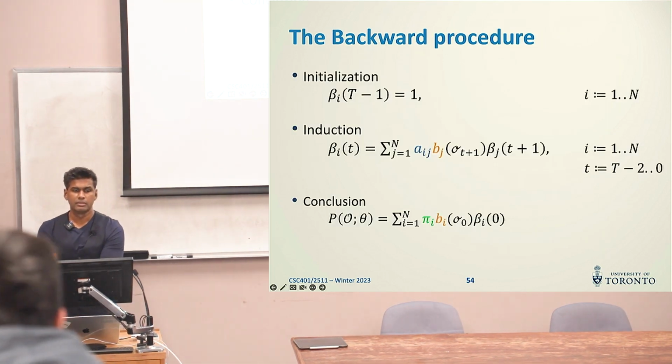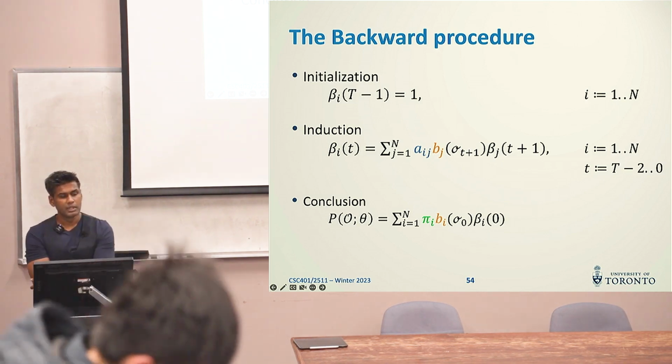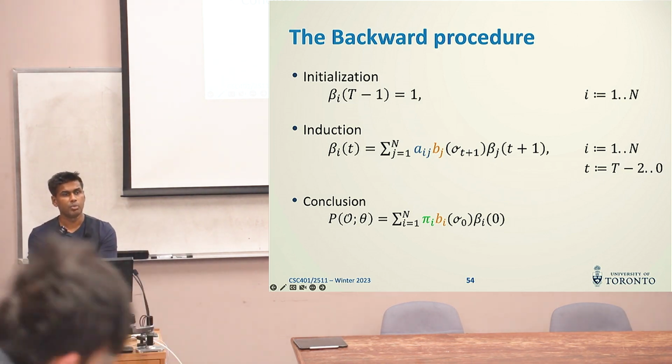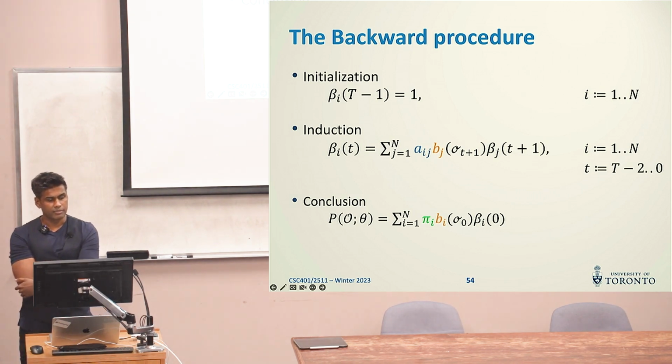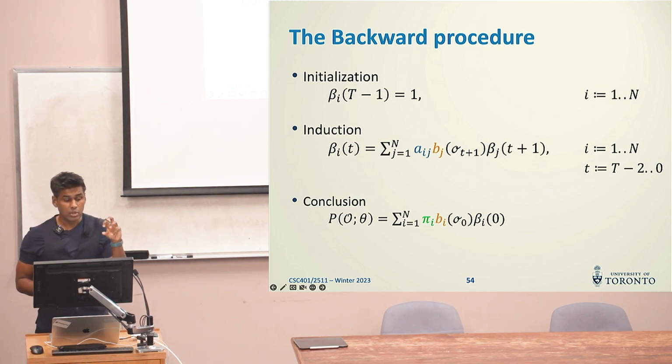To summarize, the backward procedure has 3 steps. First, the initialization step, where we set beta_i of the last time step to 1 for all the states. Second is the induction step, where we calculate the probabilities of a node at state i at time t. And lastly, the conclusion step, where we sum across all the nodes of the first time step, which gives us the observation likelihood.